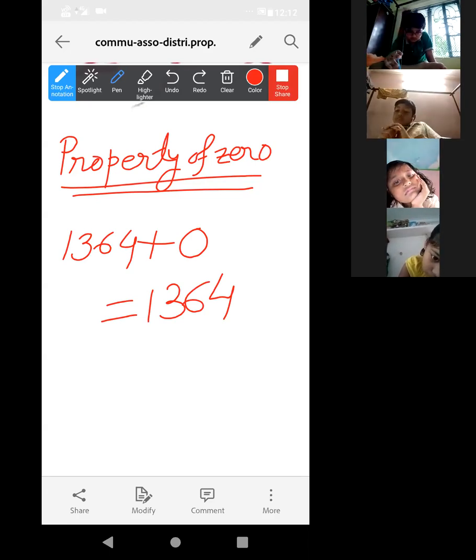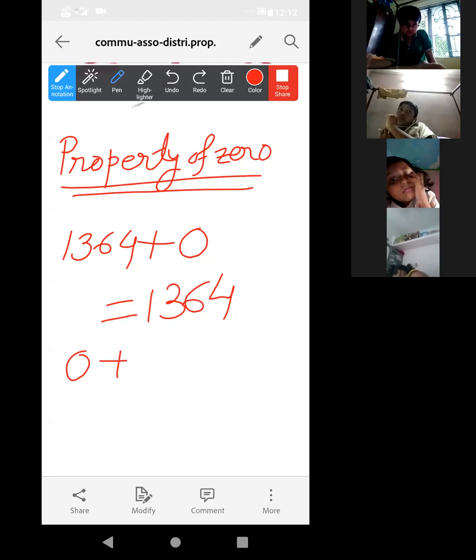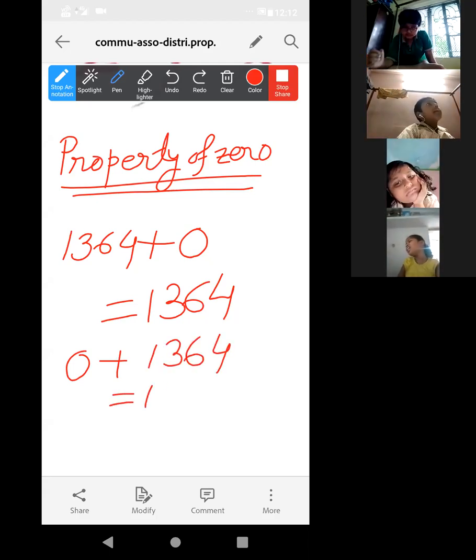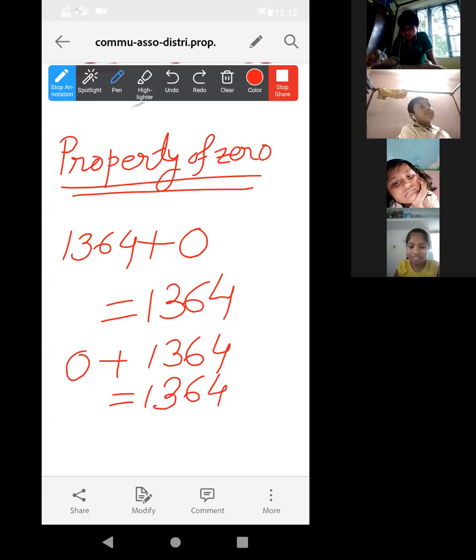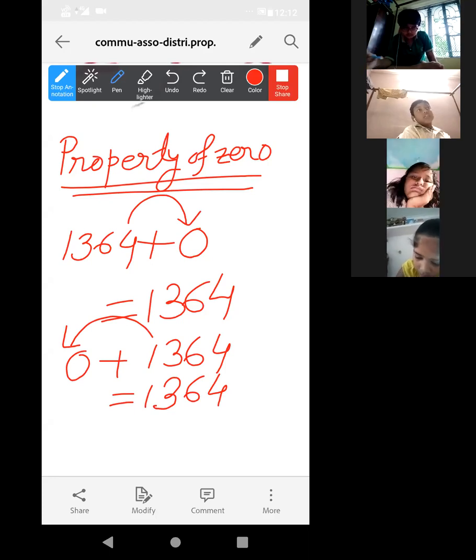In any way you can add. Suppose we add 0 first: 0 plus 1364. Then also the answer is 1364. It doesn't matter whether we add it on the left side or the right side. So just write the example first.